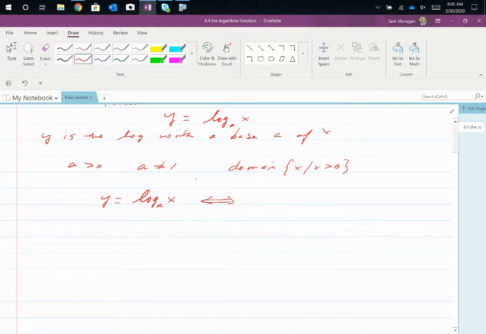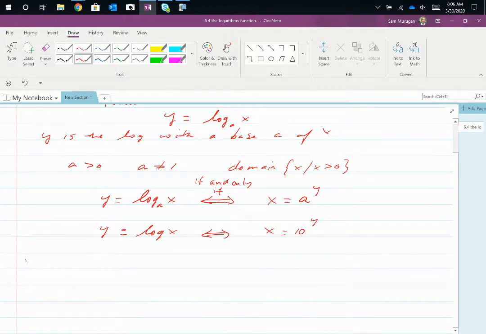This symbol means if and only if x equals a to the power y. If no base is given, then we assume that the base is 10.